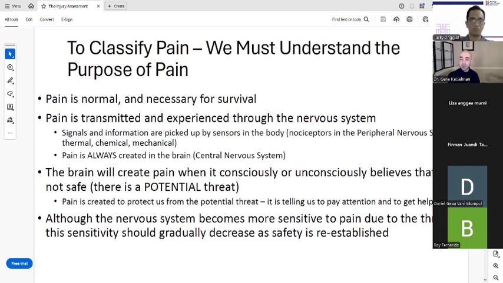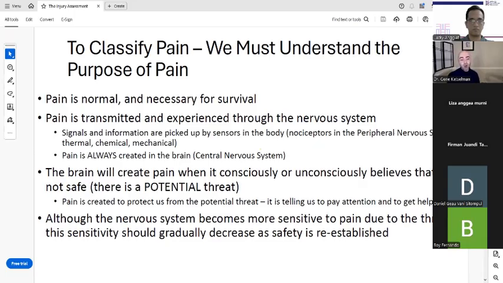So somebody may have a fractured bone, and the brain realizes this is important, this is a threat to our bodies, so we're going to create pain. So the fracture itself does not create pain. It's the brain's interpretation of what's going on that will create pain because it feels threatened.